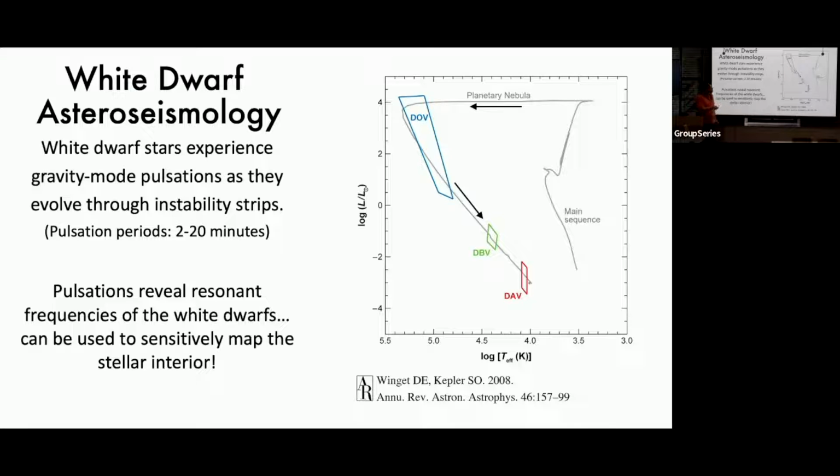And as they cool, they pass through these instability strips where the conditions are just right for them to oscillate spontaneously. I focus mostly on stars in the DBV and DAV instability strips. The DBV strip is where white dwarfs with helium atmospheres pulsate, and the DAV instability strip is where white dwarfs with hydrogen atmospheres pulsate.